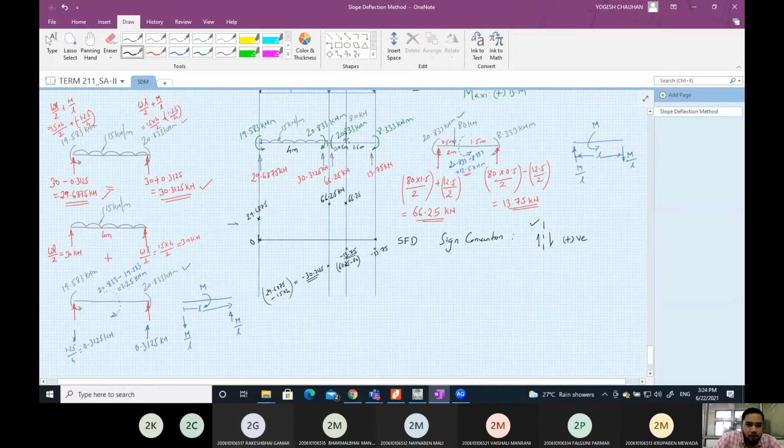See, from here to here, from 0, then there is point load, this reaction, so there is sudden increase in the shear force diagram.